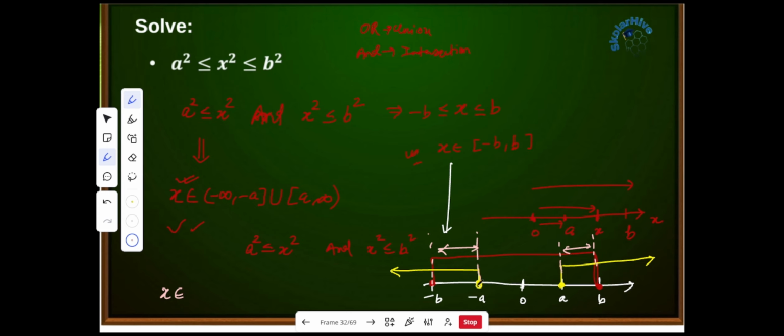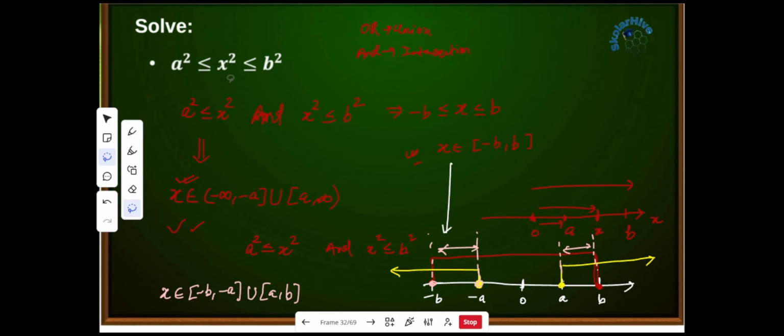So the solution set for this is x belonging from minus b to minus a, here b also included, minus b also included, and a also included, union a to b. So this is also one of the direct results that you can remember.